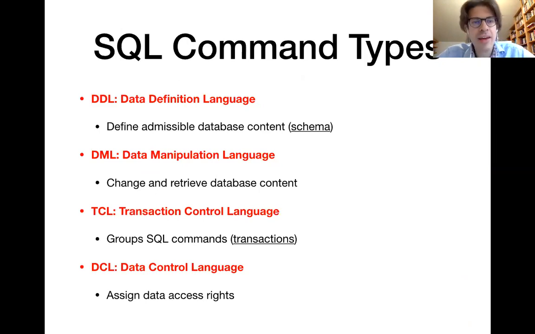You have, for instance, the data definition language commands, which essentially allow you to define database schemata. So you can define how the tables look and what constraints must hold on single tables or between different tables, for instance, primary key constraints and foreign key constraints.